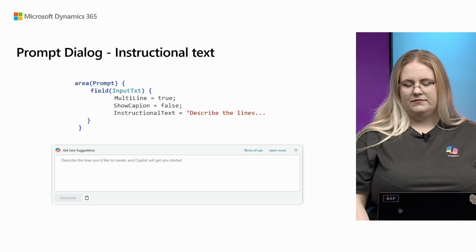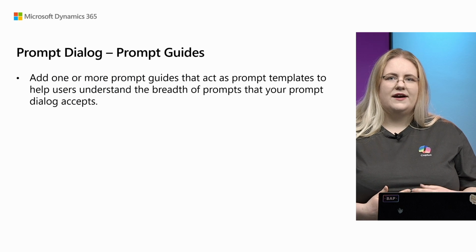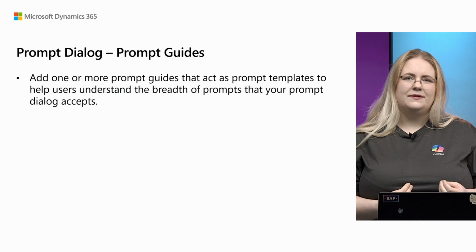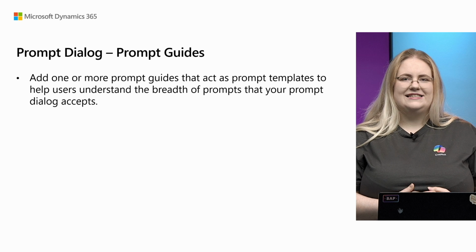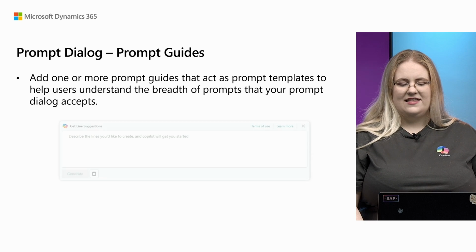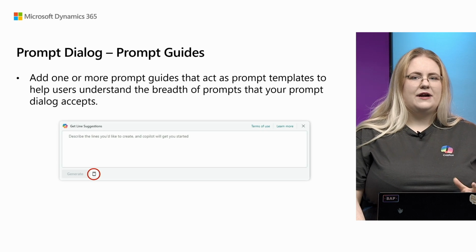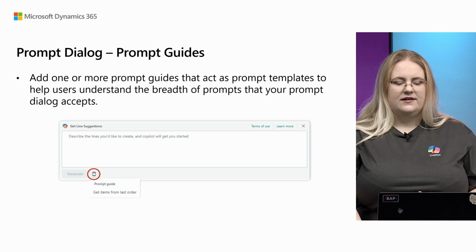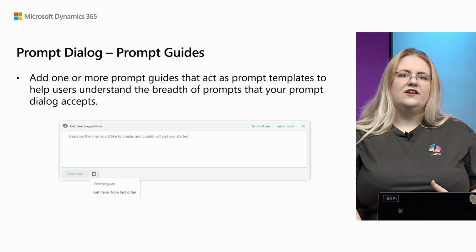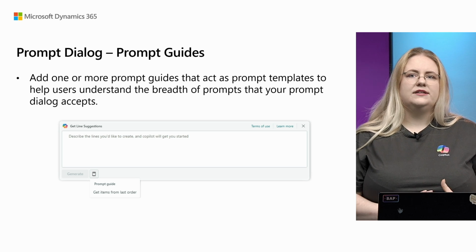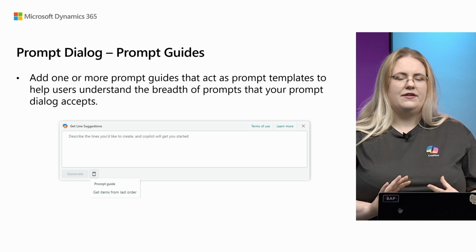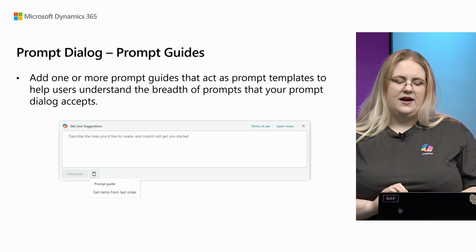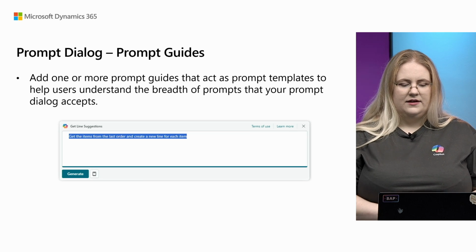When it comes to providing understanding and prompt templates, we have prompt guides coming to you. In that, this book icon is displayed on the prompt dialog. And after clicking, you can input there a lot of templates to help your users understand the breadth of the prompts that you created.